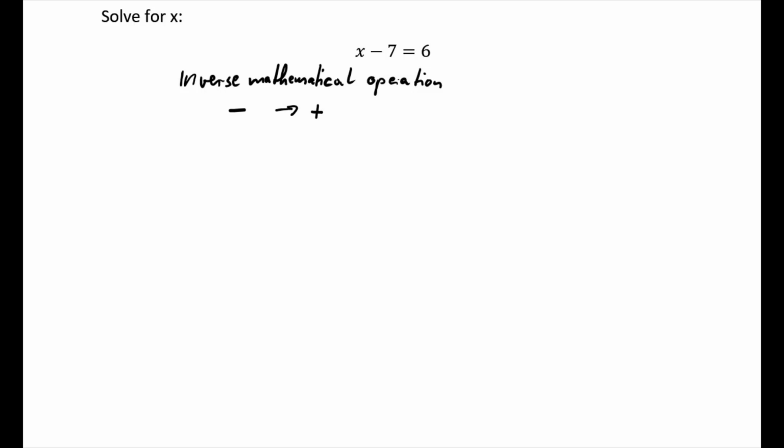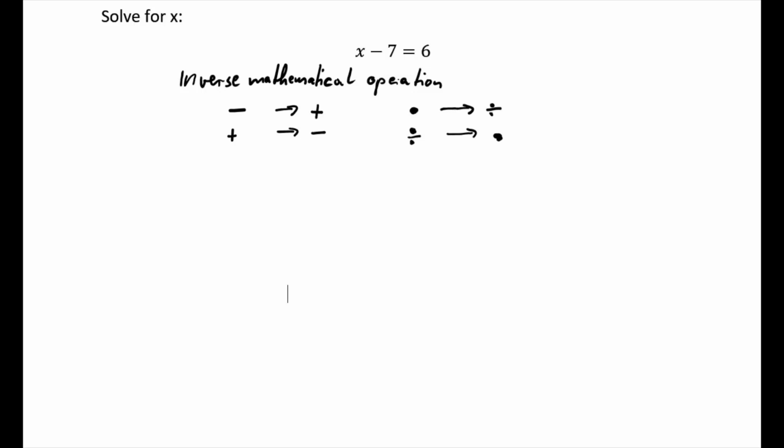The inverse operation of adding something to a number would be subtracting. And likewise, the inverse operation of multiplying something would be dividing by it, and the inverse operation of dividing would be just simply multiplication.